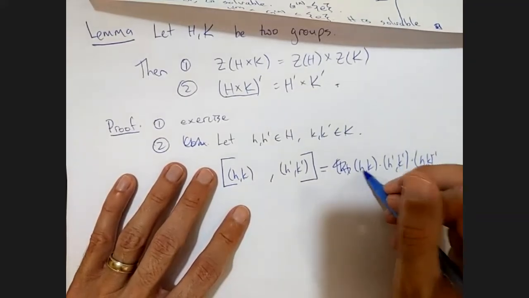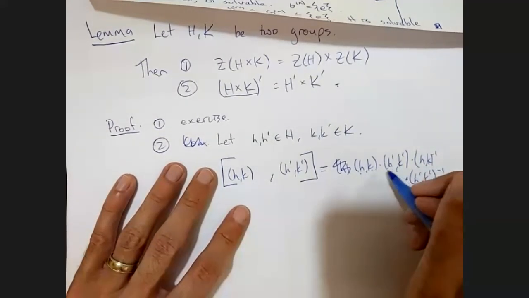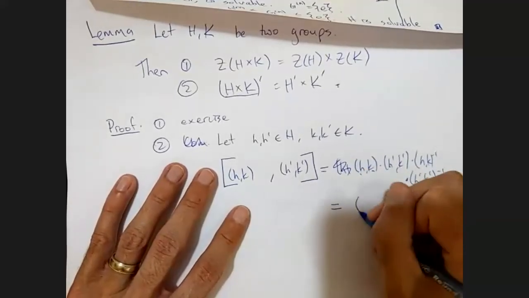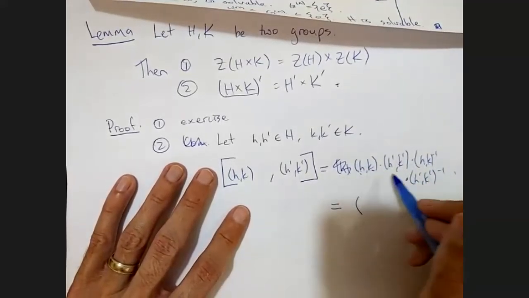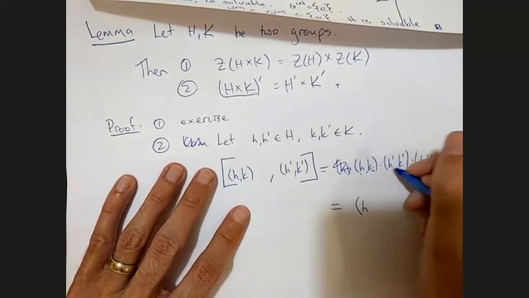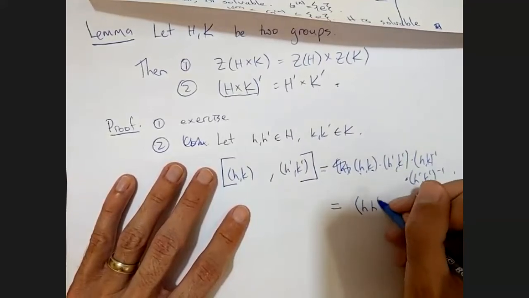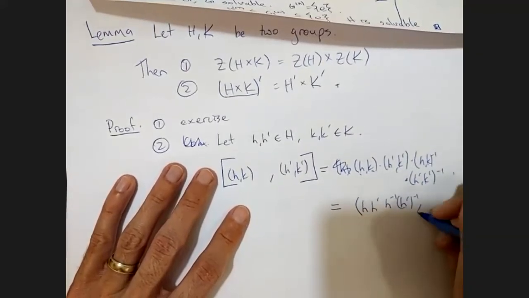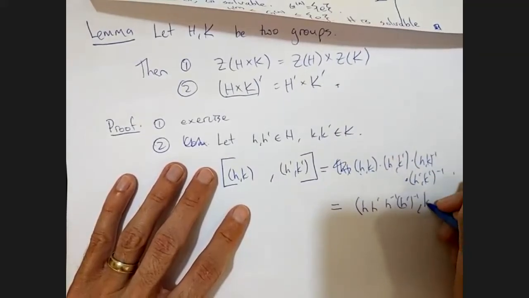Well, we multiply first coordinates and second coordinates separately. So when we multiply all these four things together, in the first coordinate we have the product of the first coordinates, and in the second coordinate we have the product of all the second coordinates.